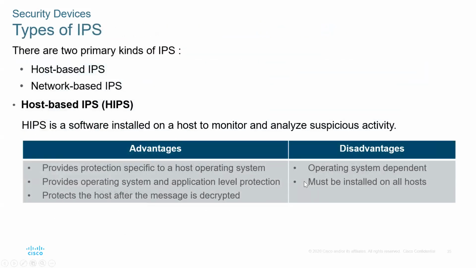So there's a couple different types of IPSs. You have host-based IPS as well as network-based IPS. A host-based one is going to be referred to as a HIPS, and this is software that's installed on the host and monitors everything in there. Some of you may have used some of these in the past, whether it was Norton or McAfee, or there's a ton of different firewall programs, Sophos out there now.